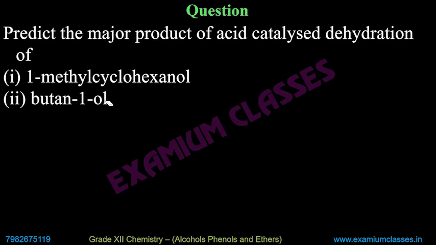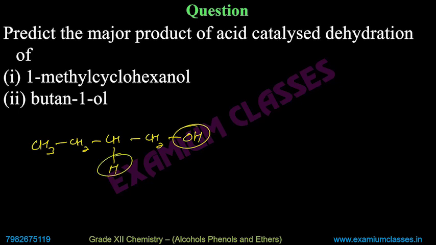So you will think that normally CH3, CH2, CH2, CH2, OH, when it loses OH from here and hydrogen from here, H from here, the double bond should appear here.